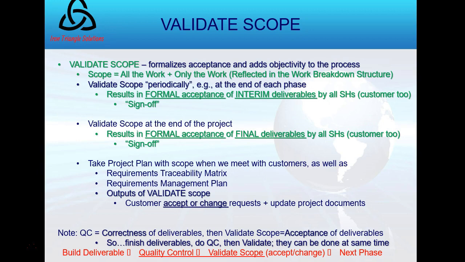I could grab the customer and say, we're finished with the project, we're about to do control quality, and we would like to validate the scope with you while we do it. You could do it at the same time. You would always do quality control before validate scope or during validate scope. You would never validate scope with the customer before doing quality control. That's the point I'm trying to make there.